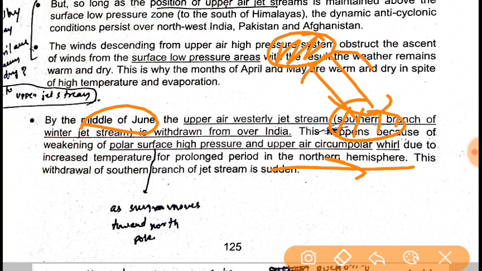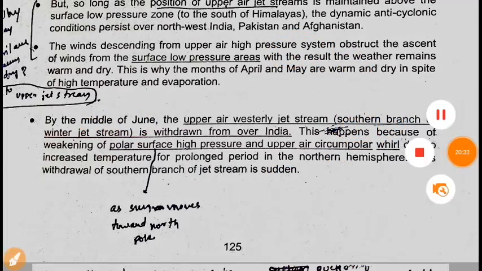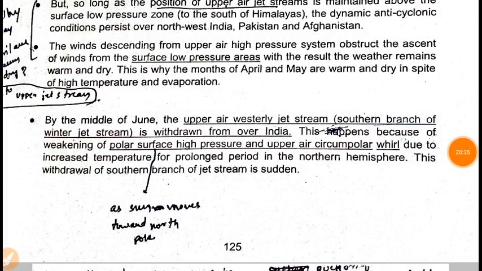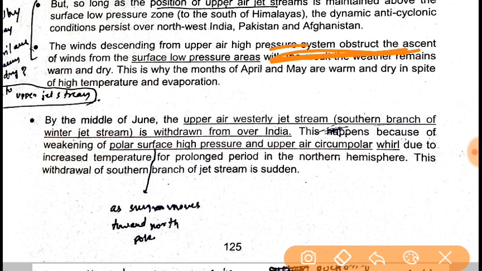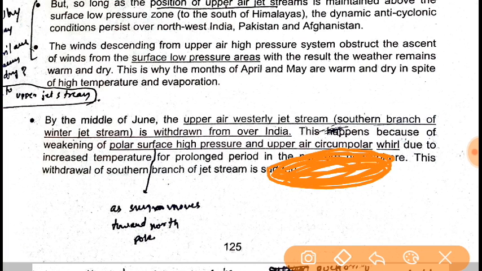Now there is a complete, sudden disappearance of western disturbance. Suppose this is western winds flowing, and this is the ground surface which is being heated up. As this wind suddenly disappears, this is highly heated and warm air. No air is subsiding, however this area becomes empty, so it suddenly sucks all the air.